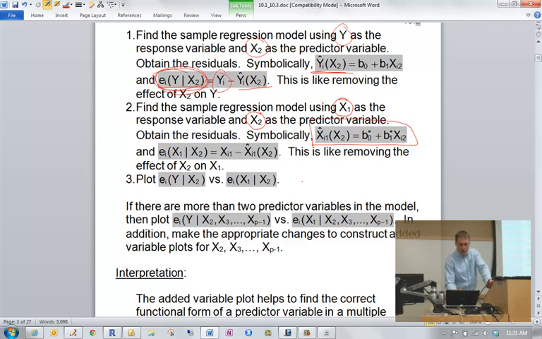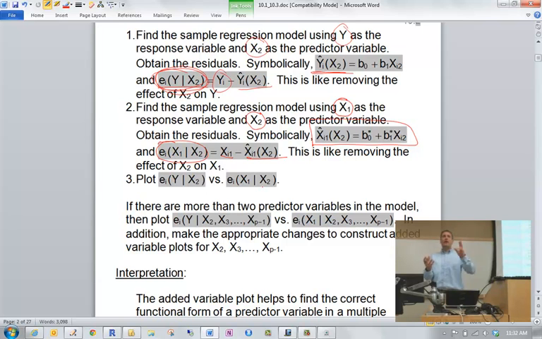Then a residual for this model would be e parentheses x1 given x2. So we just take x1 minus its corresponding predicted value. Similar to step 1, what we've done is remove the effect that x2 has on x1. Or another way to think about it is you remove the association that x2 has with x1. And that's what's left over in this residual.